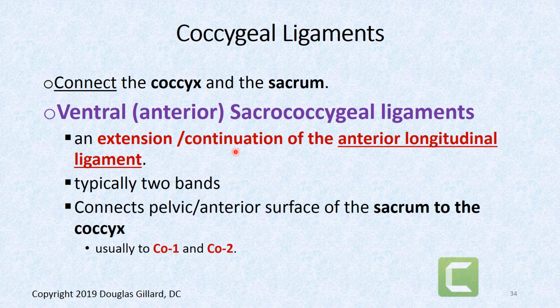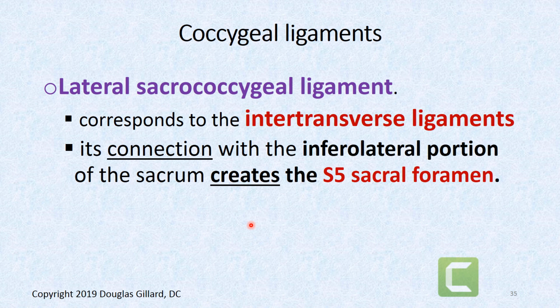That's really all they are, the anterior longitudinal ligament extending into the coccyx. They're typically double banded, though, which is a little unusual, because the anterior longitudinal ligament doesn't have two bands. They connect the pelvis to the anterior surface of the sacrum and usually go all the way down to CO1 or CO2.